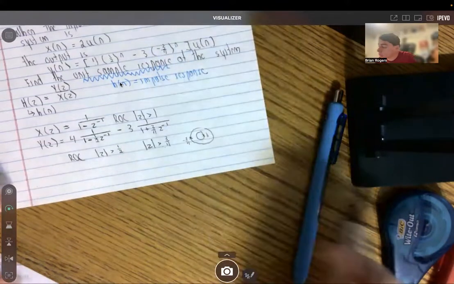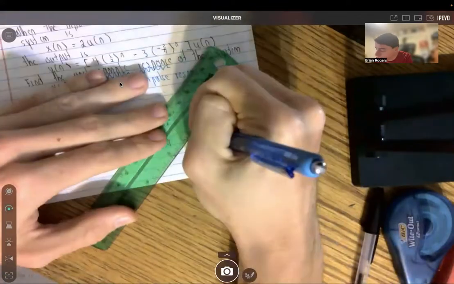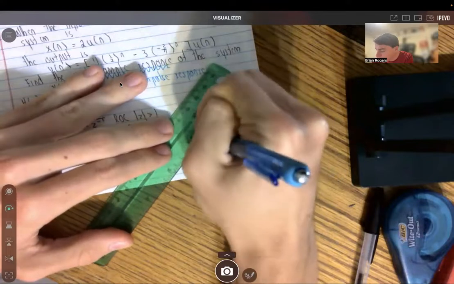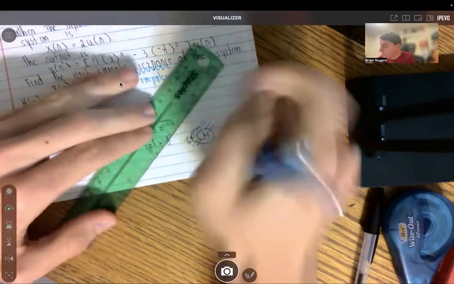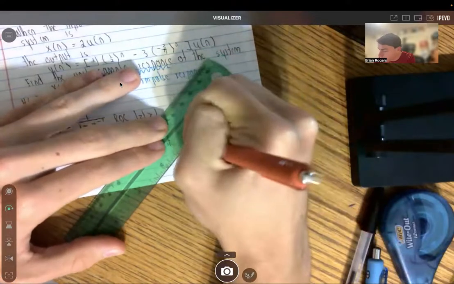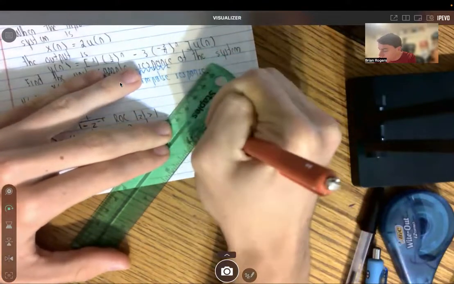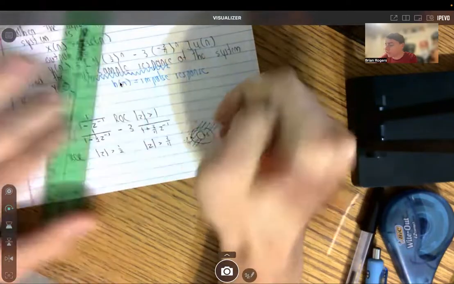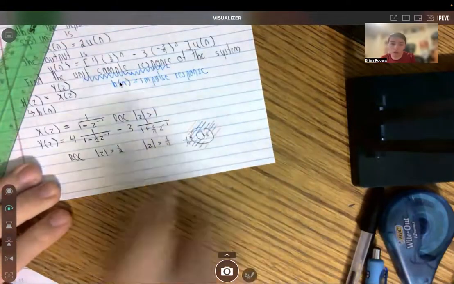So if you look at the overlap, the first one, for the 1/2 one, is the exterior of the circle. And then this one would be for the -3/4, the exterior of that circle. So the region of overlap between the two would be the exterior of the 3/4, correct? Because that's where both of the colors are.